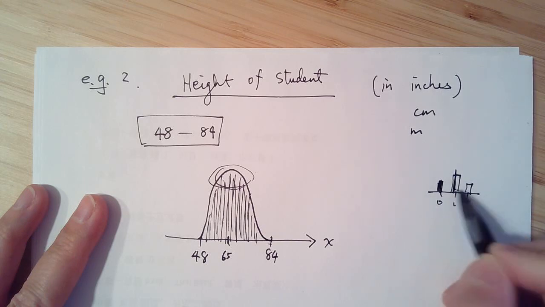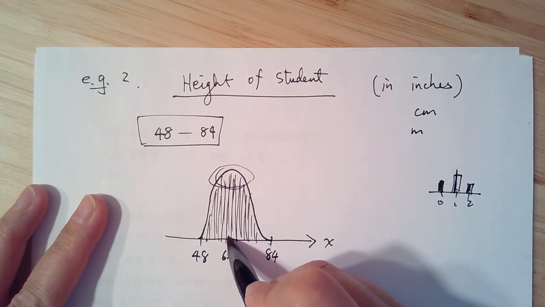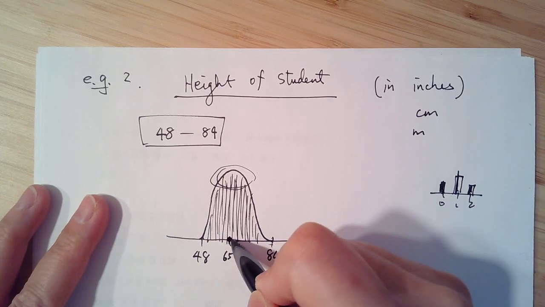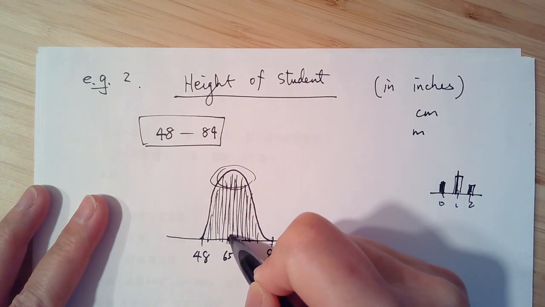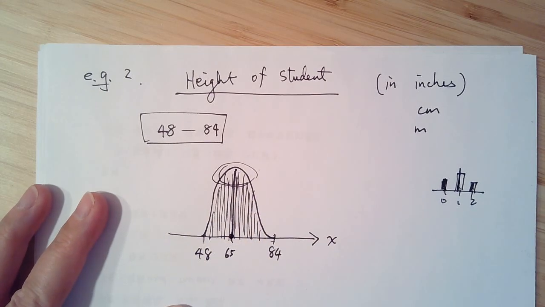However, here we cannot find the probability that somebody's height is exactly 65. So what does that mean? That means if a variable is a continuous variable, you're not going to find the probability that x equals an exact value. So that's a very important concept.